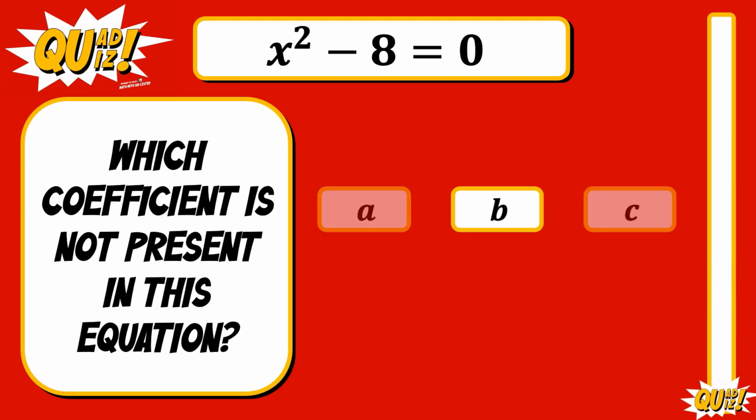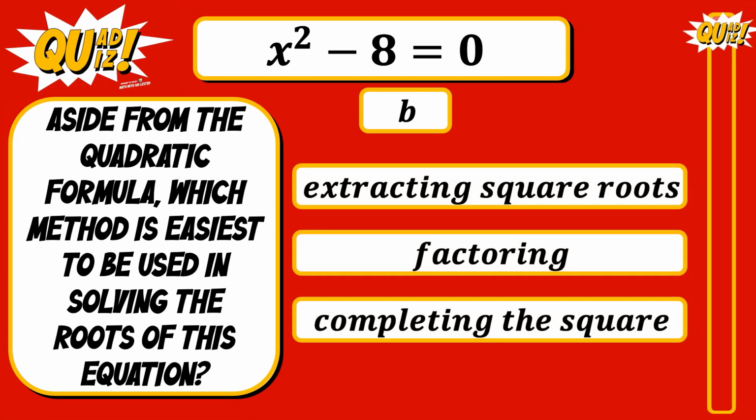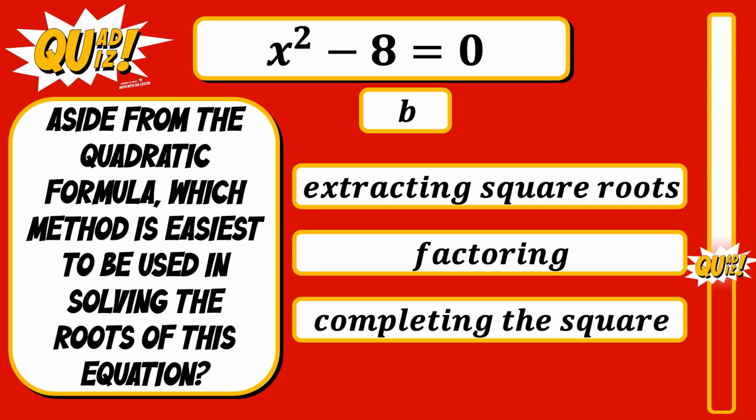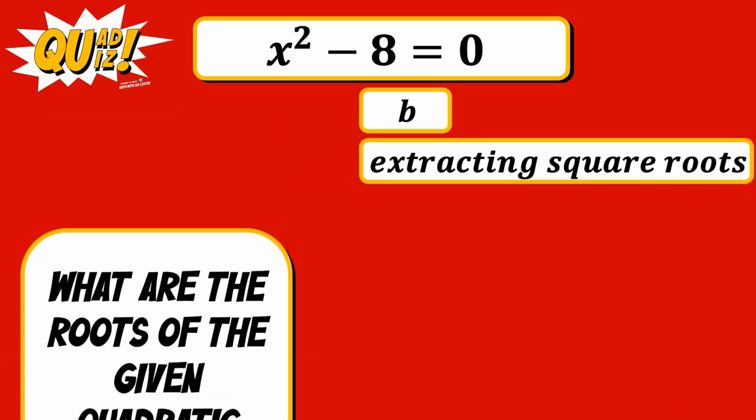The coefficient that is not there is the coefficient of B. With this, and aside from the quadratic formula, which of these 3 methods is easiest to be used in solving the roots of this given equation? And it would be the method for extracting square roots.